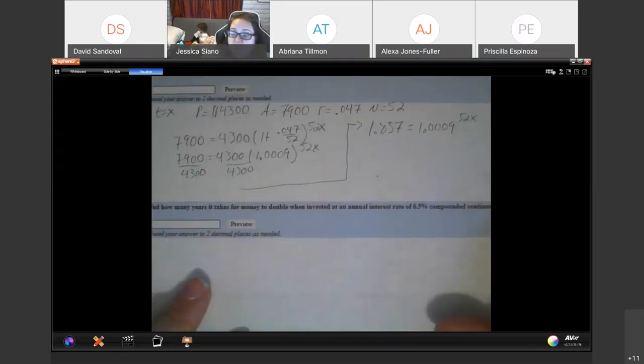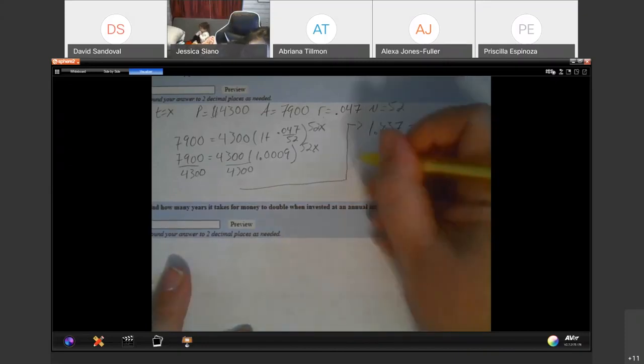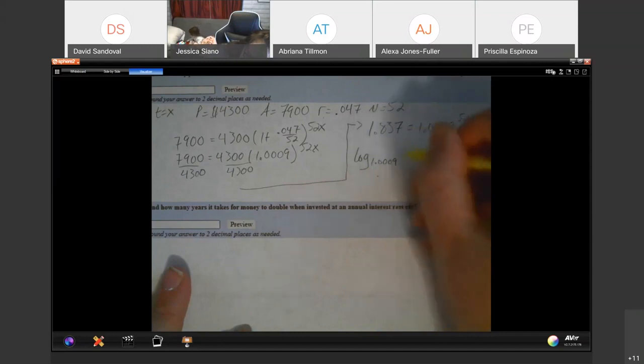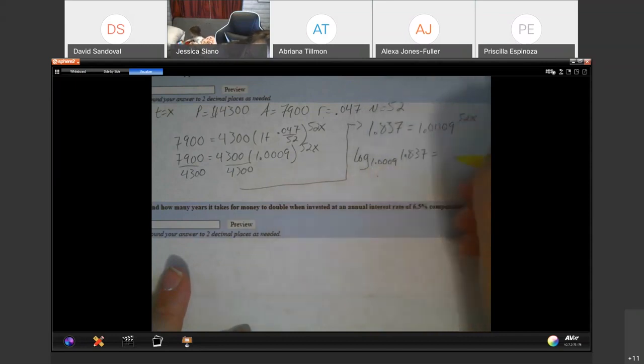Anytime you have a variable in your exponent, turn it into a log. So this would be log with base 1.0009 of 1.837 equals 52x.